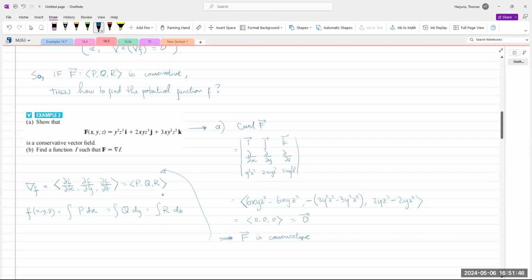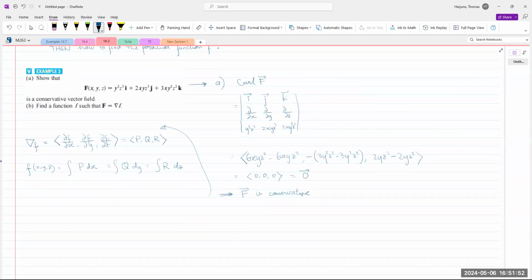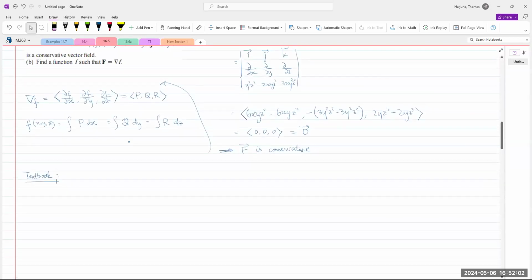Now I will do this question, example 3b, 2 times. The first way is our textbook way, which is basically the following. This is the scheme.